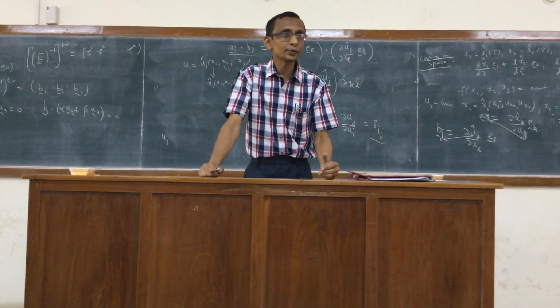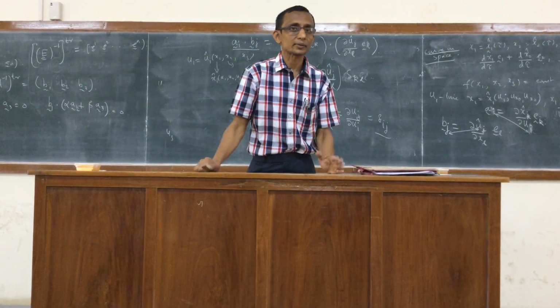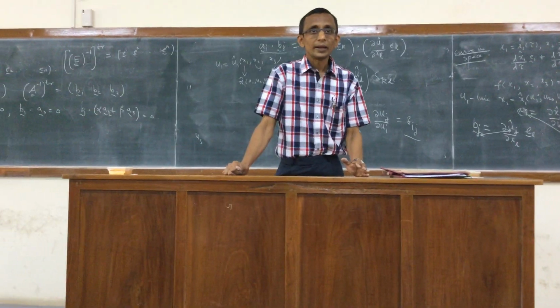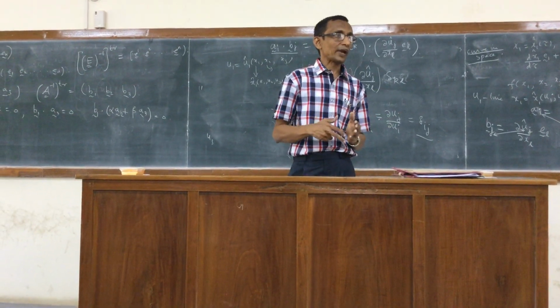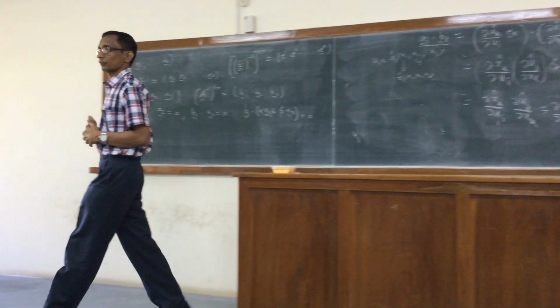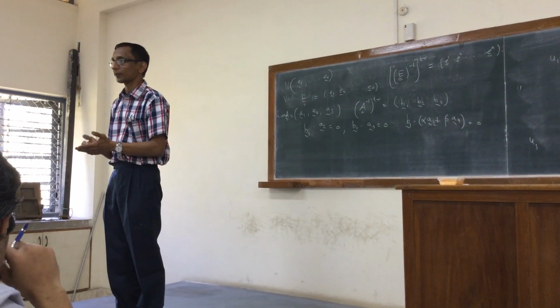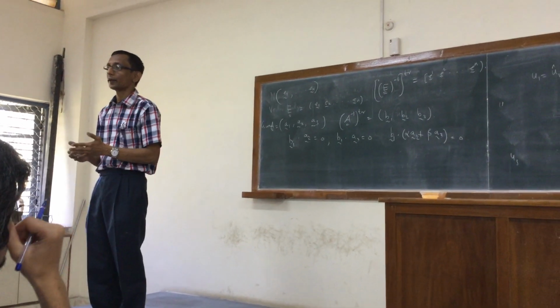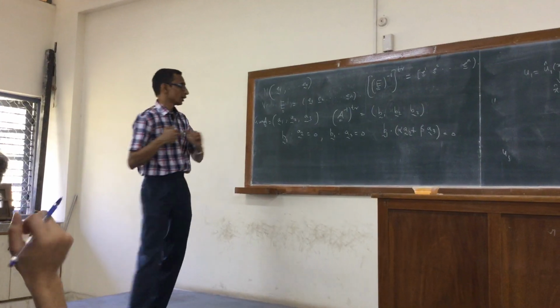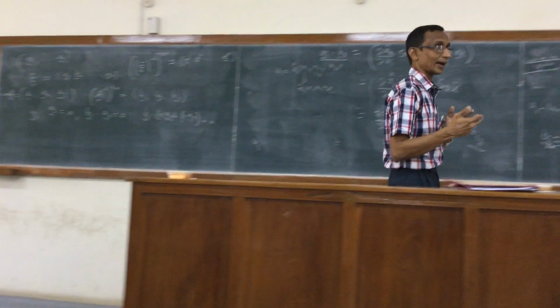What does alpha A2 plus beta A3, the set of vectors, represent? It's the plane of the vectors formed by A2 and A3. Arbitrary values of alpha and beta give a whole set of vectors. They will all be on the plane on which A2 and A3 lie. We have already seen that.